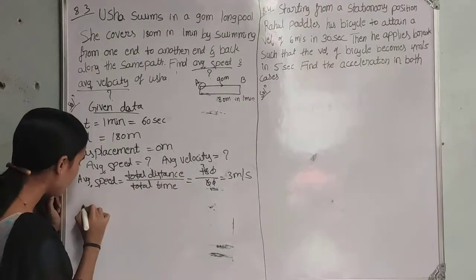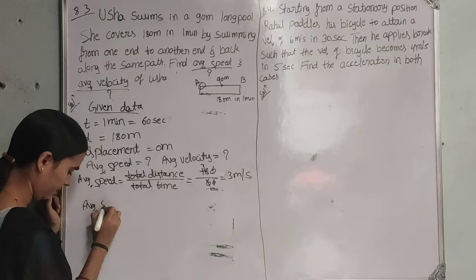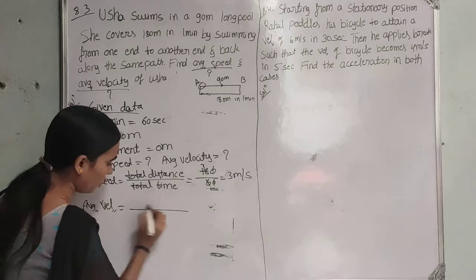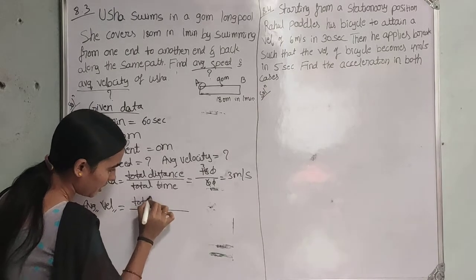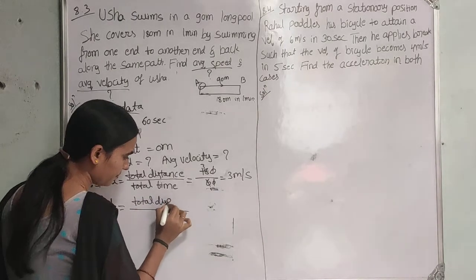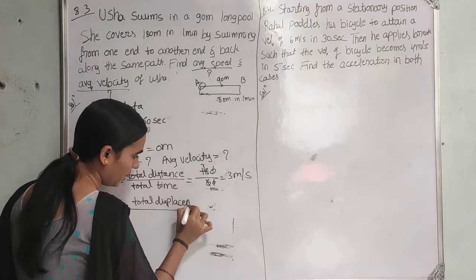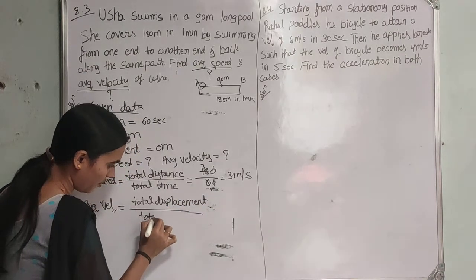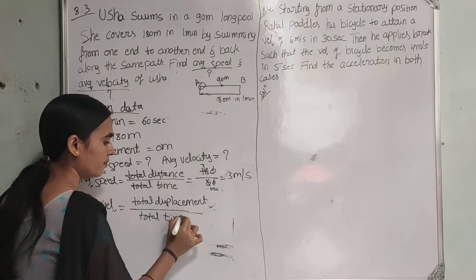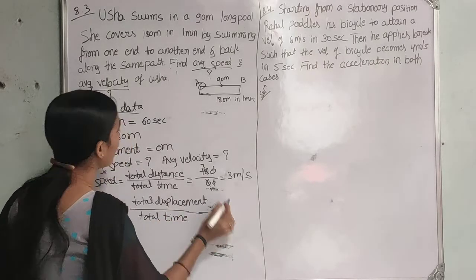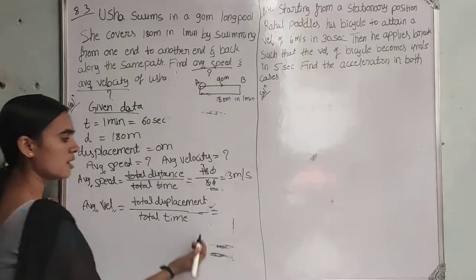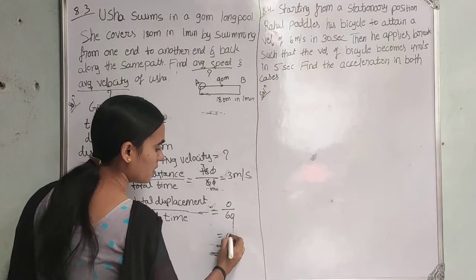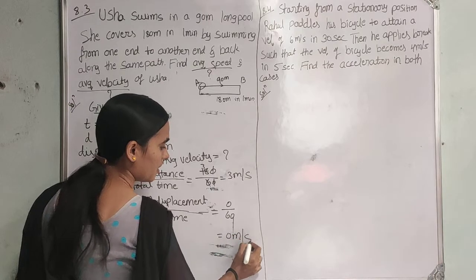Next is the average velocity, equal to total displacement divided by total time taken. What is the displacement of Usha? 0 meters. The time is 60 seconds. 0 by 60 is 0 meters per second.